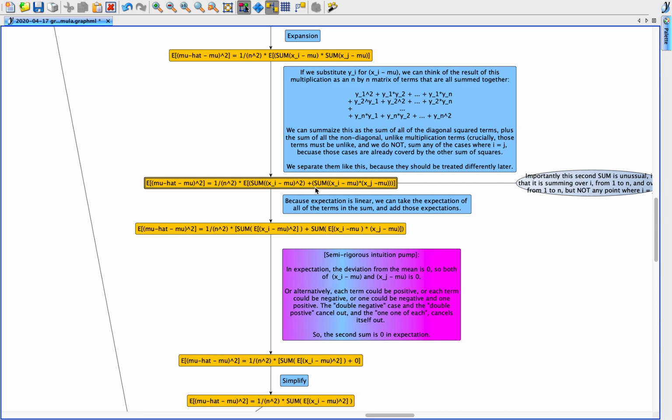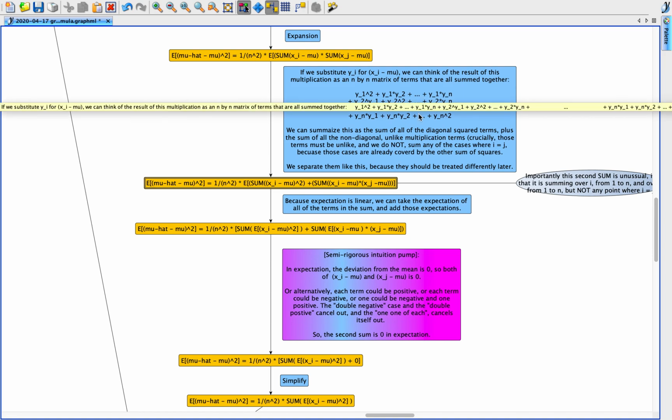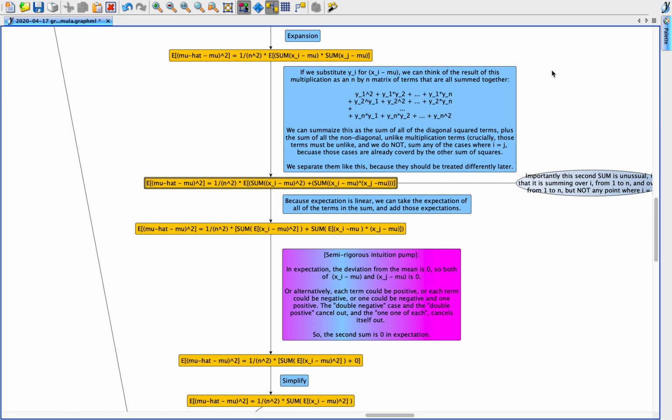So the first sum, that's y1 times y2 plus y1 times y3 plus y1 times y4, and so on, and then also including y2 times y1, y2 times y3, and that's what's going on in the second term.